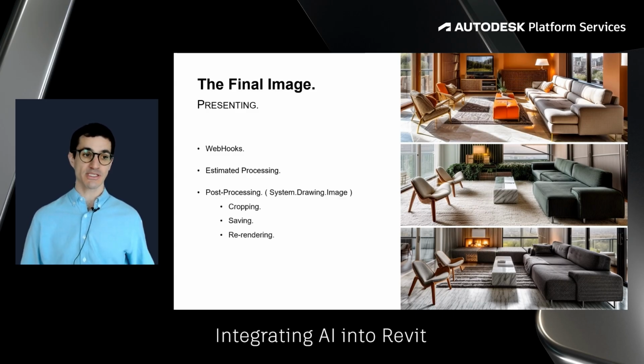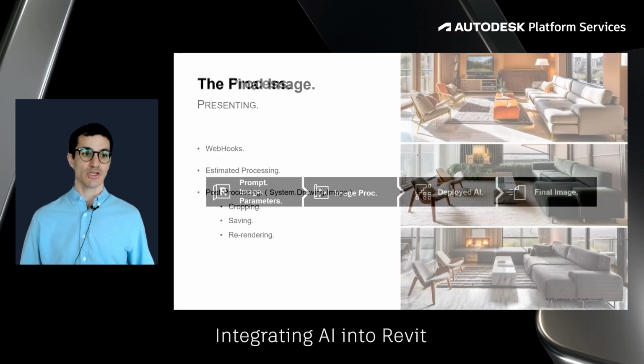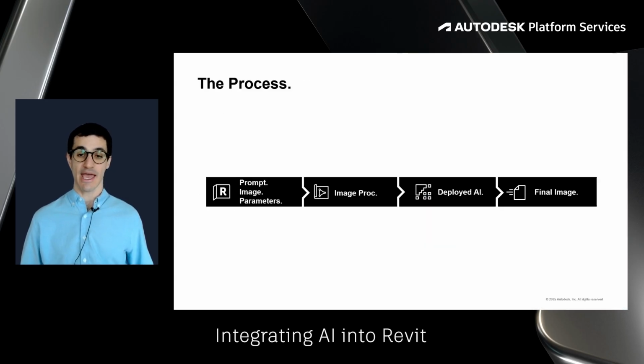For post-processing, there were a few actions enabled for users, like cropping, saving, or re-rendering. For that, I just used System.Drawing.Image, and there were methods and classes there that could be used straight away. So I thought the diagram was completed.